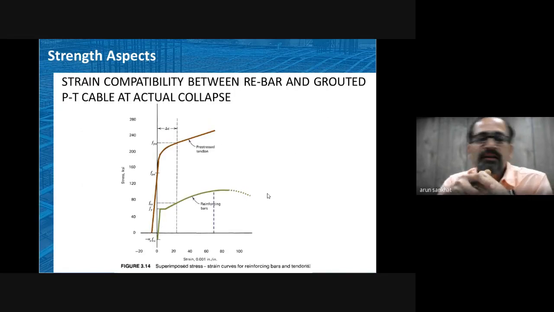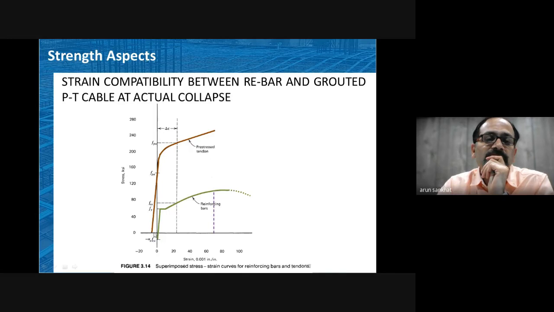So if we compare the strain compatibility between reinforcement and grouted PT or bonded PT at actual collapse, what is happening is, there is a model like this where both the things are compared. So here this is the graph of the pre-stress tendon.